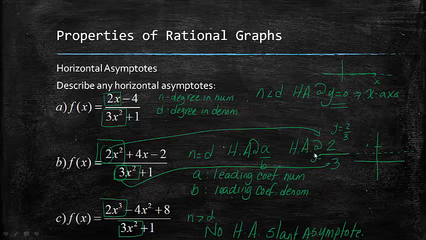In this case, y is equal to 2/3. And when you have a greater degree in the numerator than you do in the denominator, there is no horizontal asymptote. It's very simple. I hope you've got it. You just have to remember these rules.